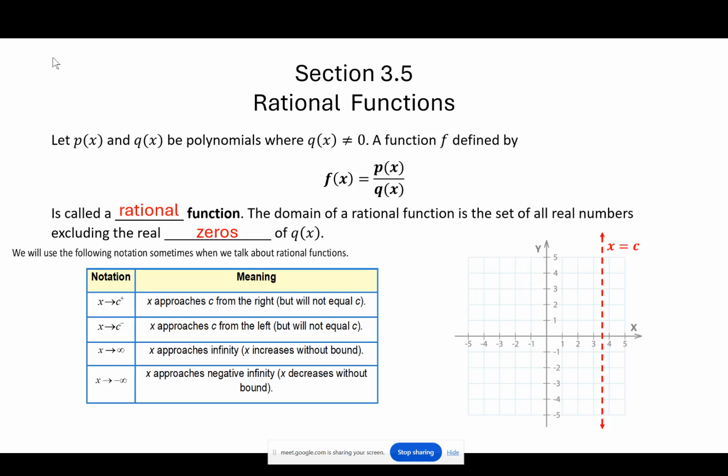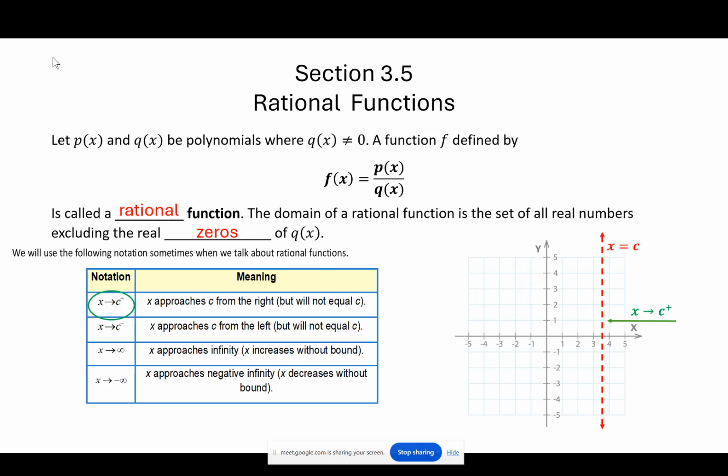So just a reminder about the notation we've been using about x approaching different things in a graph. If you have the line x equals c, like in this graph here, and you use this little notation, x with an arrow approaching c with a little plus sign, that means x is approaching c from the right side.